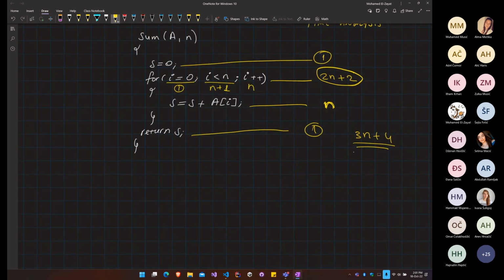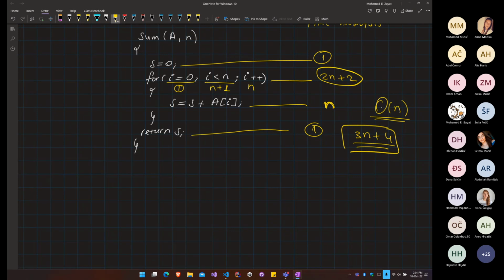If I get 3n plus 4, we usually approximate this. So this is approximated to a polynomial order O of n. This is the order, not a big O of n. It's called the polynomial order n.